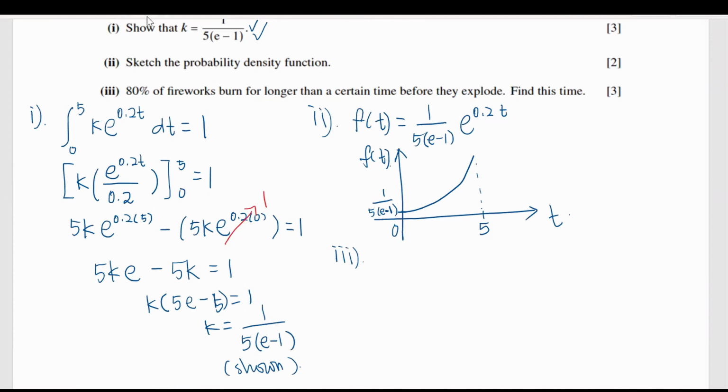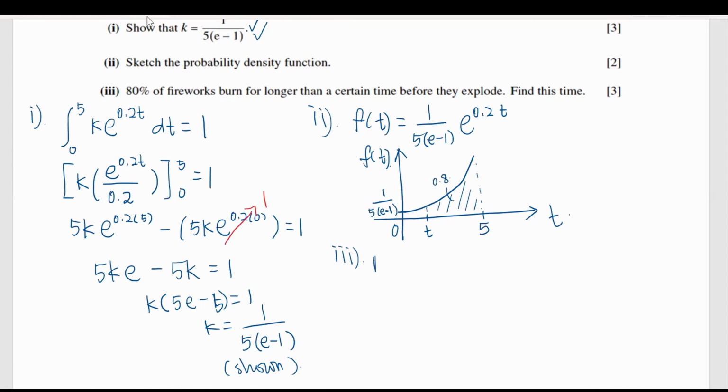So we refer to the curve that we have sketched in part 2. 80% burn longer than certain time. So we are expecting here, let's say the certain time is small letter t. So 80% of it, right? This is the 80%.